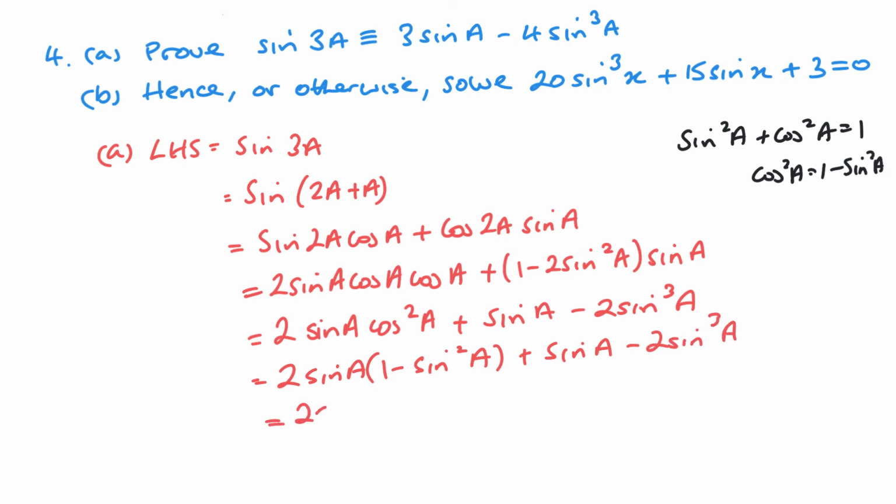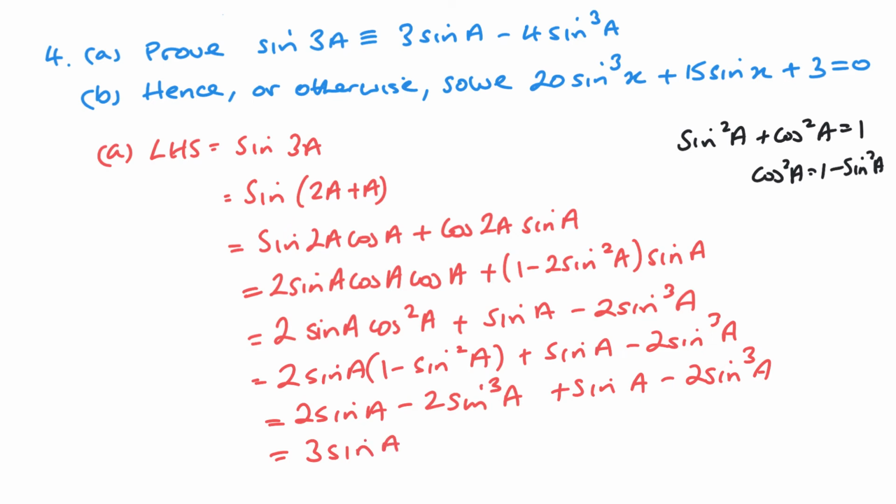So this gives me 2 sine a minus 2 sine cubed a plus sine a minus 2 sine cubed a. Now you can see we're pretty much done, so collecting my like terms gives me 3 sine a minus 4 sine cubed a, which is the right hand side. Thus I've proved it.